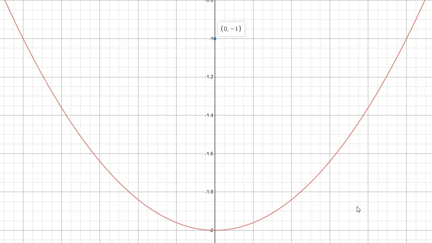Okay, so here we are with Desmos, and this is the function y is equal to x squared minus 2, and then the point is at 0, negative 1. Now, if I look at x equals root 2 over 2, it's going to be somewhere around here, just right around there, okay?